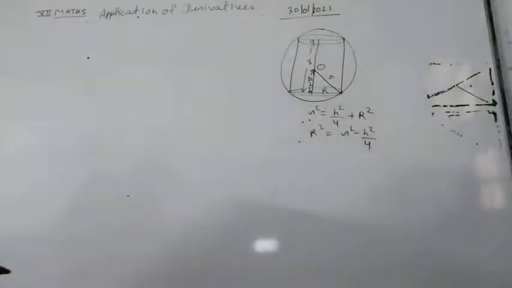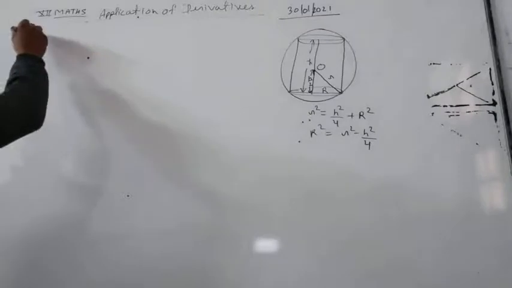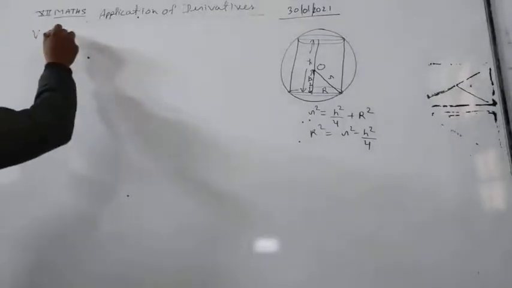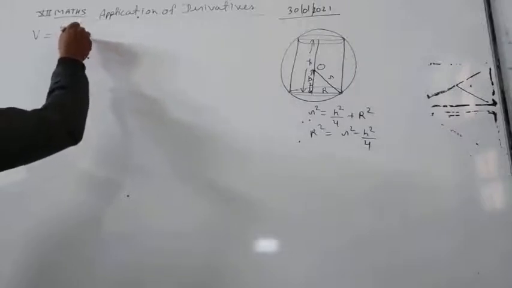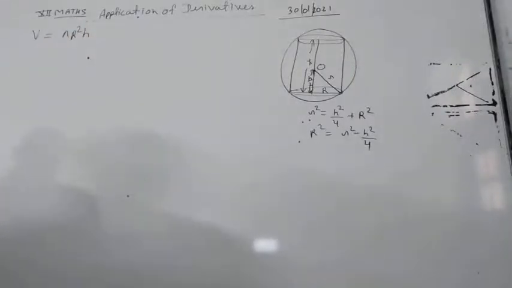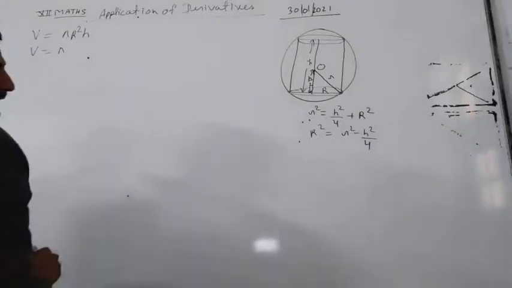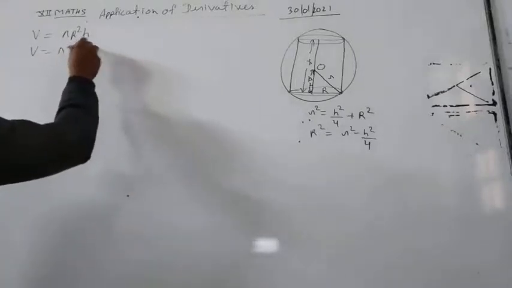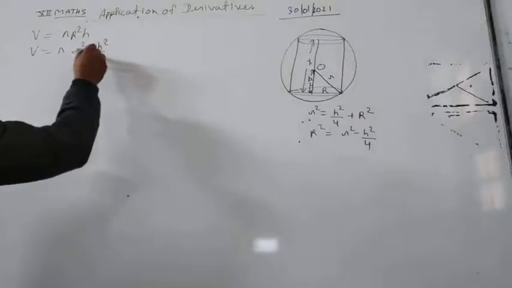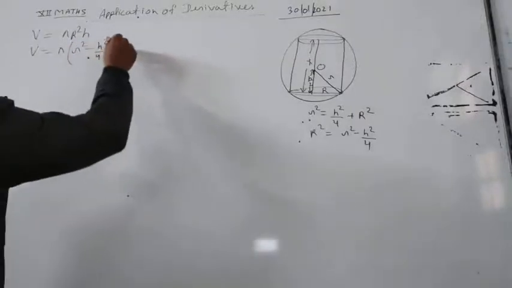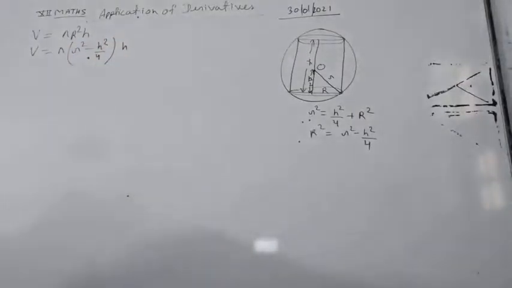Okay, students, and we have to maximize the volume of the cylinder. So let V be the volume of the cylinder, then this will be pi R square h, and R square is r square minus h square by 4, and this is our h.